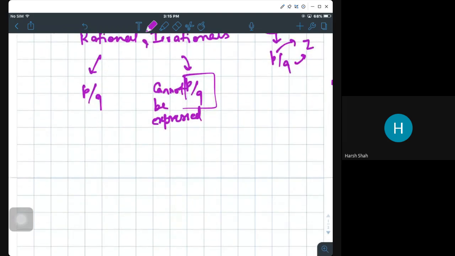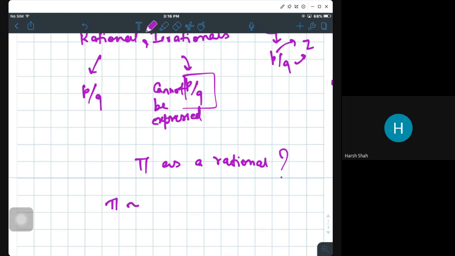Similarly, can you identify this pi as a real number or as a rational number? Yes. Pi is rational. Why would you say so? Because it is written in the form 22 by 7. Okay.